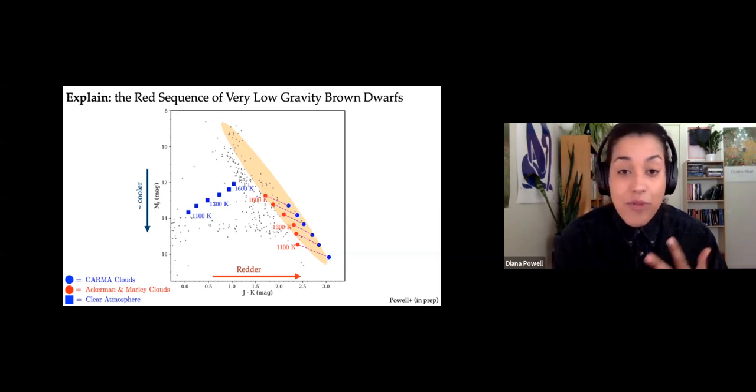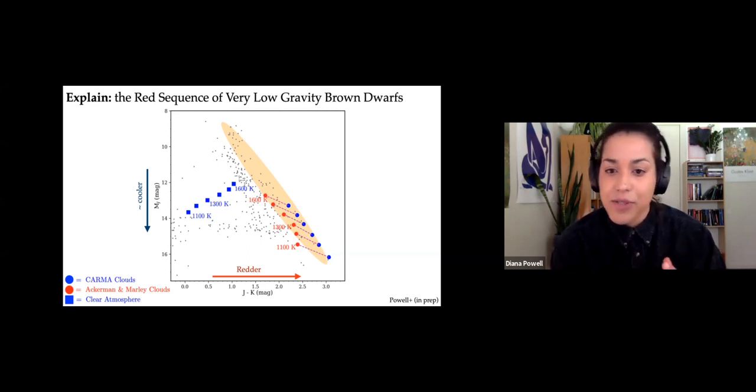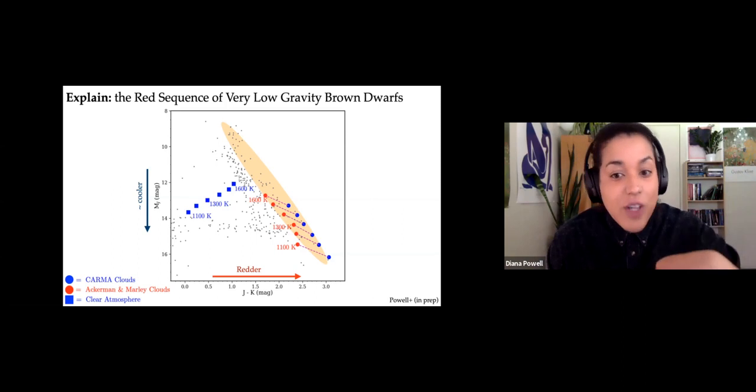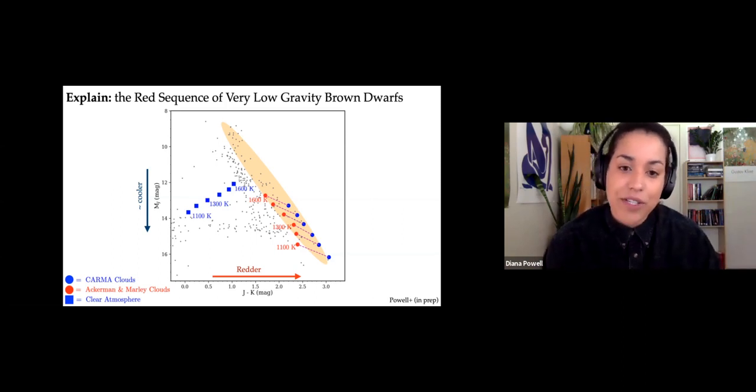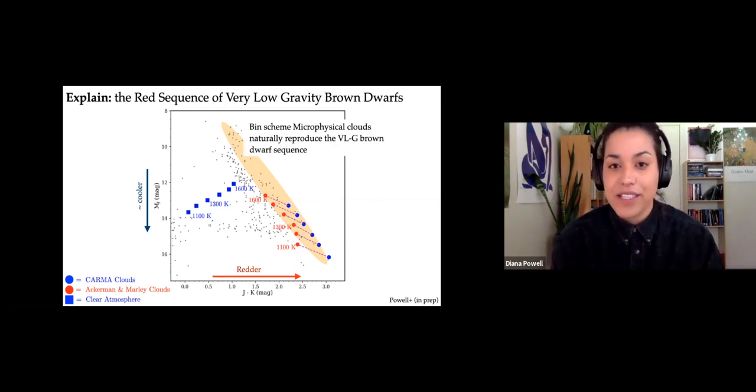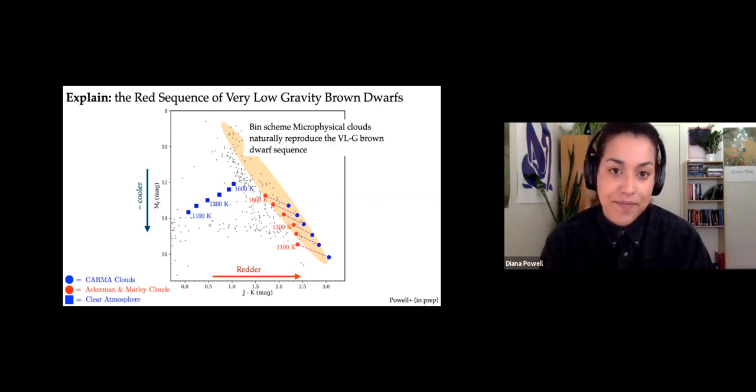That's something that's particularly encouraging about the microphysical results here, so that they follow the straight slope of the sequence down to the reddest regions where we're currently discovering objects instead of curving off to the blue. These results demonstrate that a bin scheme resolving the size distribution of clouds can really naturally reproduce this very low gravity sequence of brown dwarfs.